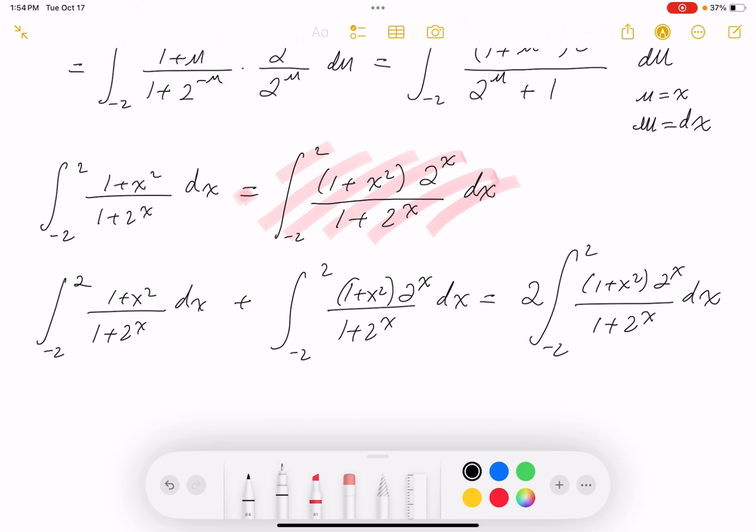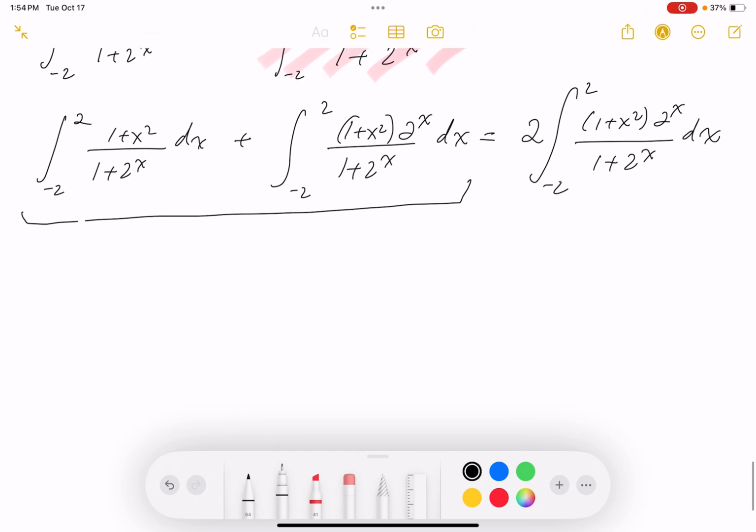Looks pretty good. Then what I'm going to do is take these two and pull them together. Let's write that down. So the integral from minus 2 to 2. They have the same denominator, 1 plus 2 to the x. I'm going to look at this guy and this guy and pull it together.